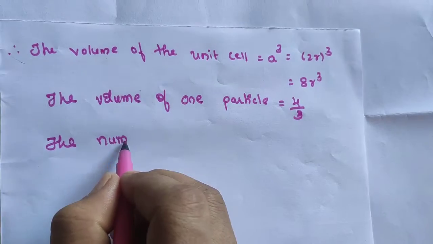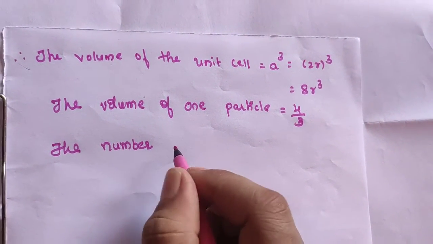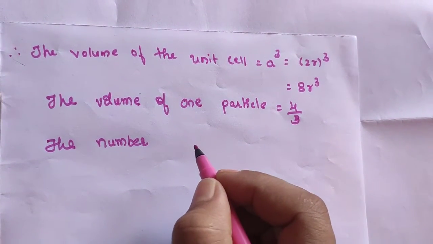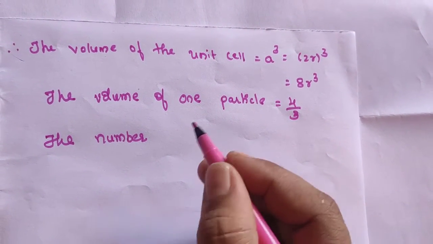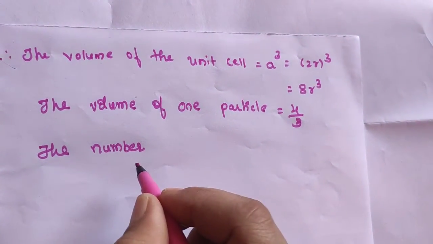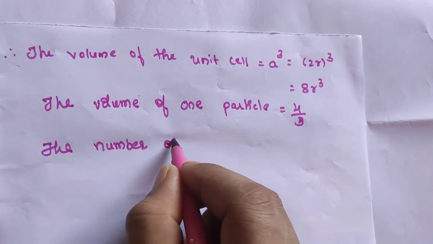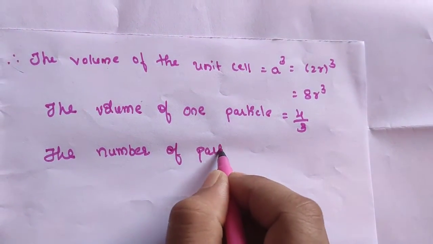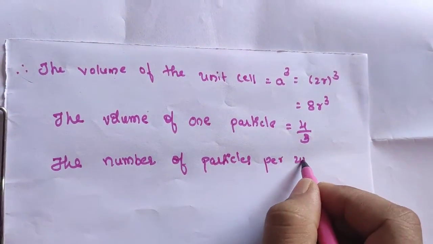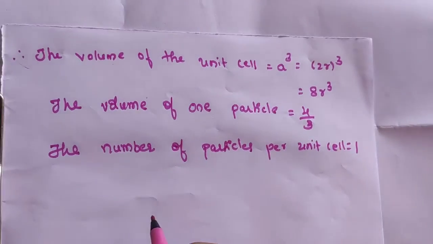We have already known from a previous video the calculation of the number of constituent particles present in the primitive, body centered and face centered unit cells. Just recall that the number of particles per unit cell is equal to 1.